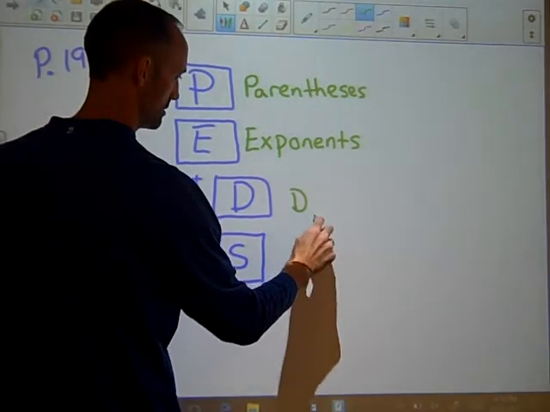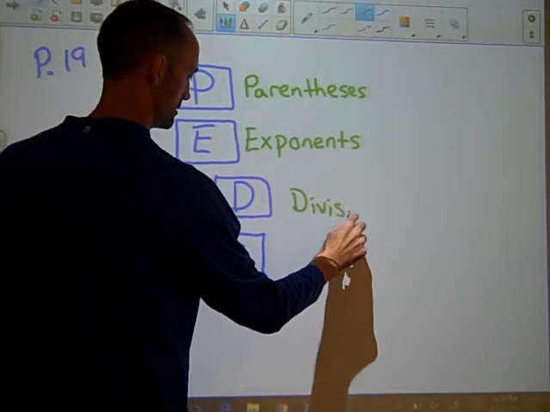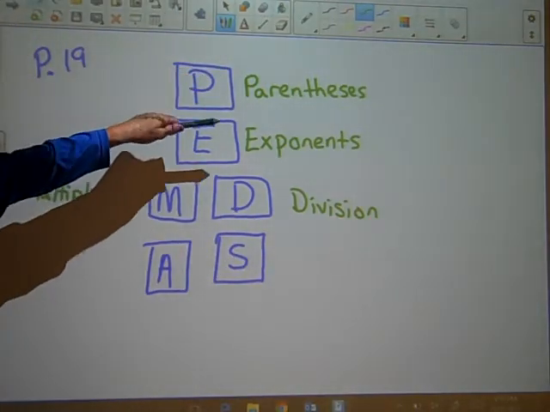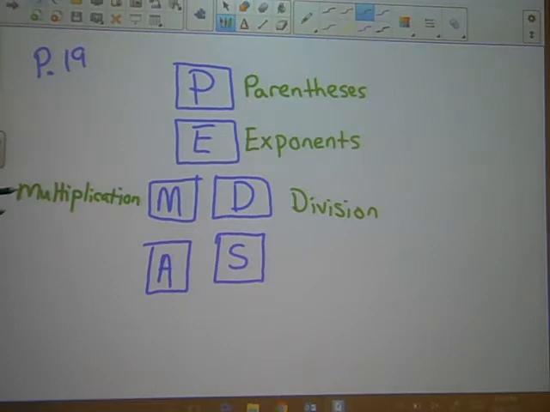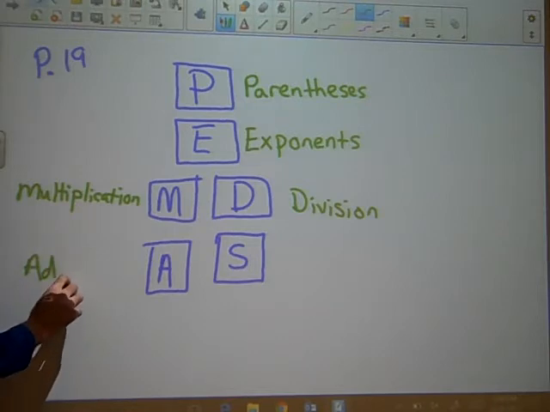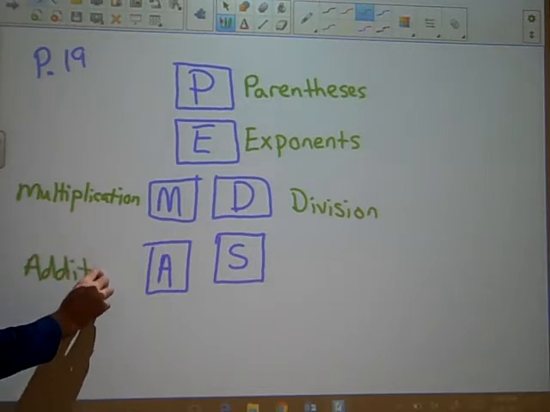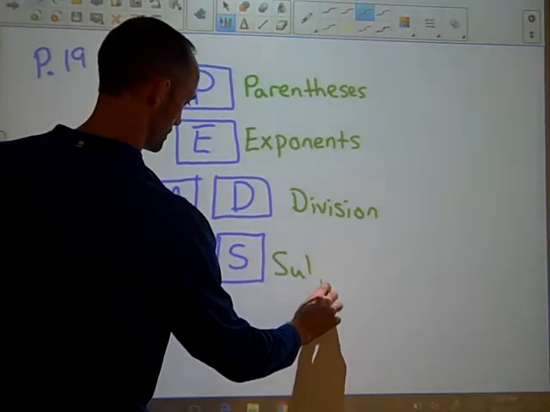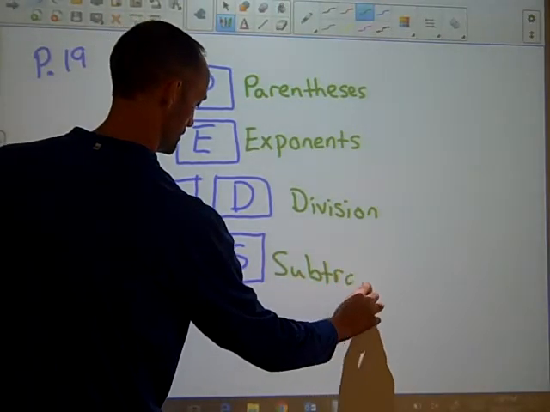The D is division. So we have parentheses, exponents, and then multiplication, division. The A is addition. And the S, subtraction.